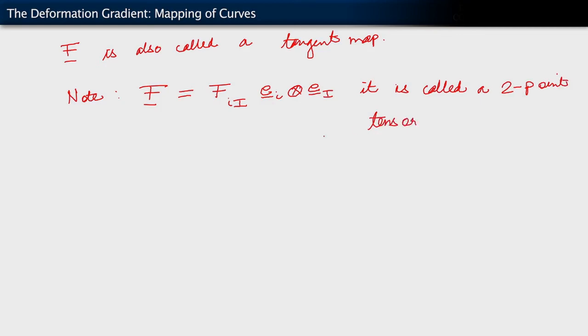Two-point because it lives both in the reference and in the current configuration, right? This, like I denoted before, belongs to omega naught, and little i belongs to omega t.